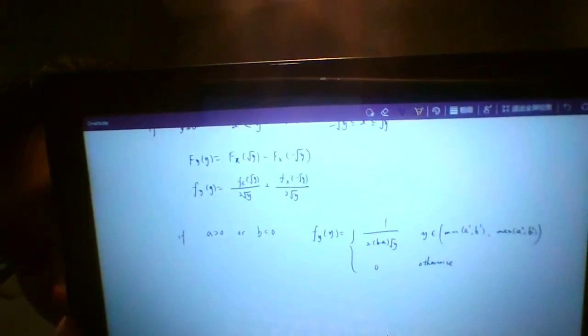Alright, so actually, between minimum of A squared, B squared and maximum of A squared, B squared, otherwise 0. Because the original square root Y or minus square root Y can only exist on one side, since the range is on either side of 0 on the x axis.